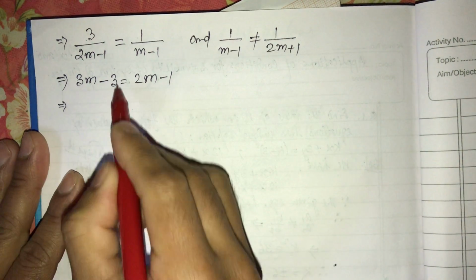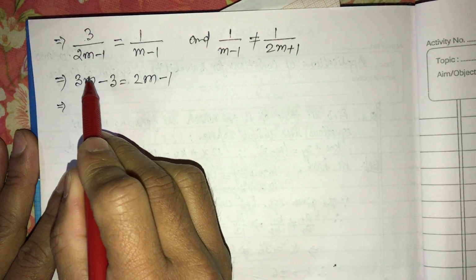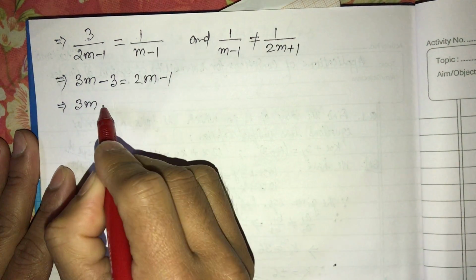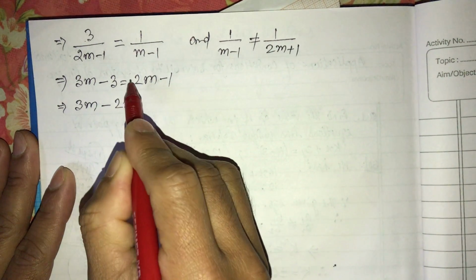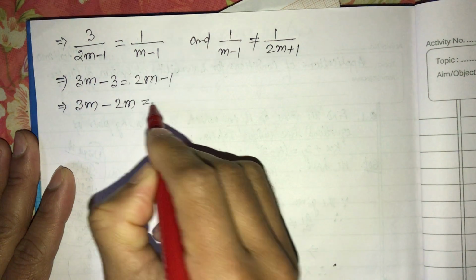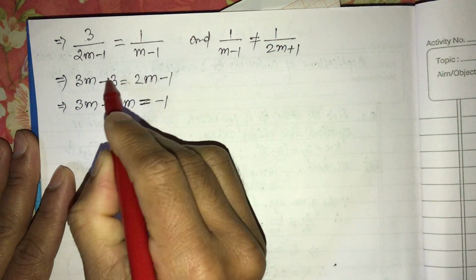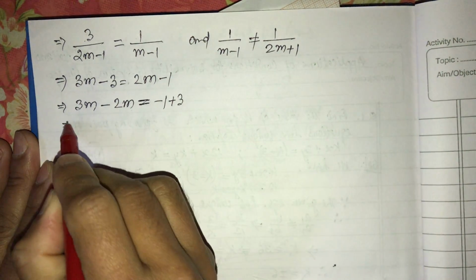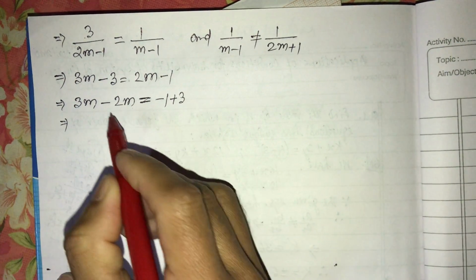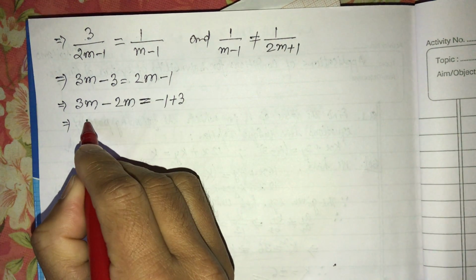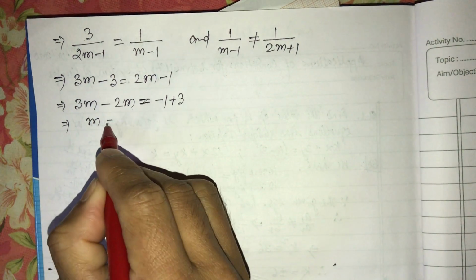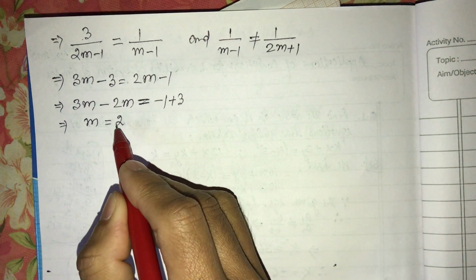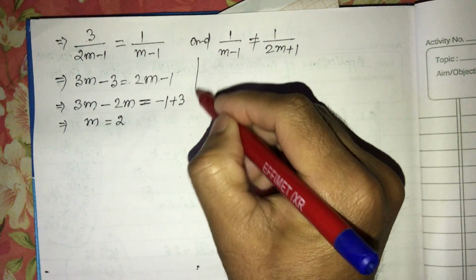And next step, keep the like terms together, 3m and 2m. 2m will go towards the left, so plus will change to minus, and minus 3 will go to the right side, you will get plus 3. So take care of this sign here. 3m minus 2m will give you 1m, so m is equal to 3 minus 1, which is 2. So I got m as 2. Okay, now let's solve this as well.